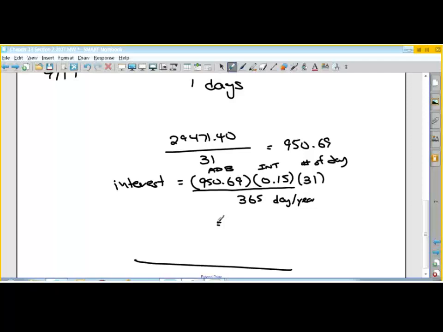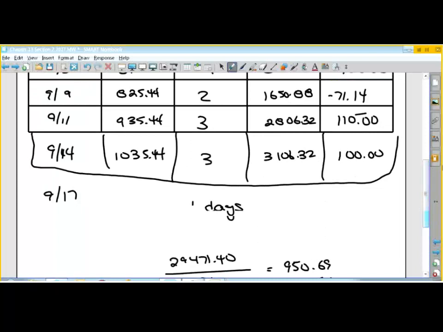Okay, so let's see what I get. Times 0.15 divided by 365 times 31, $12.11. Okay, so my interest is $12.11. So then I go back here and my transaction is going to be plus $12.11. That's my interest.